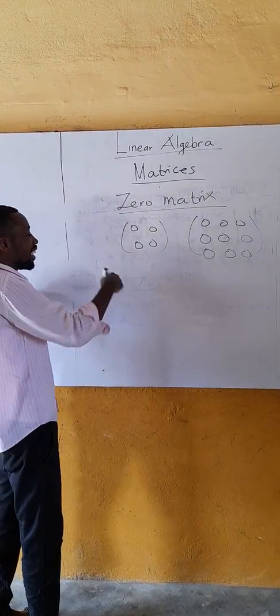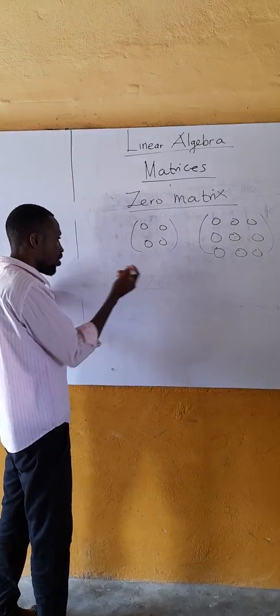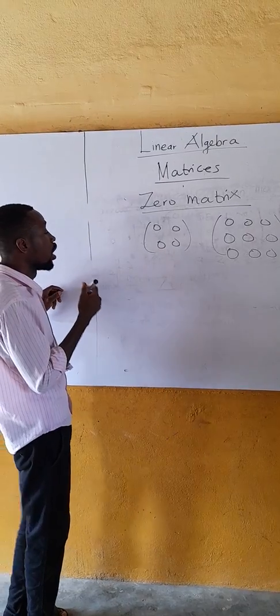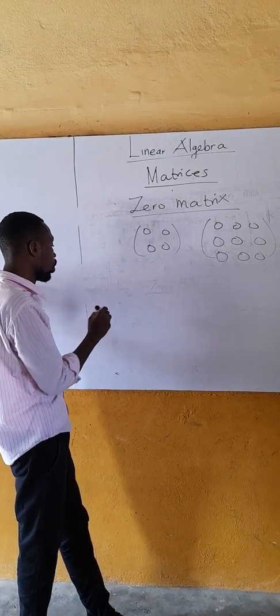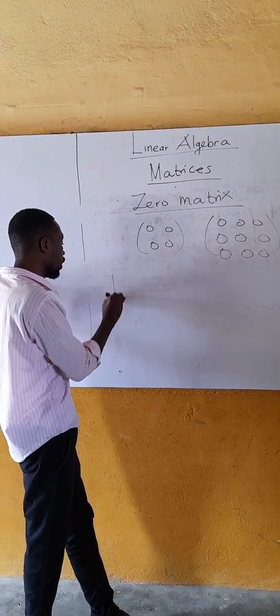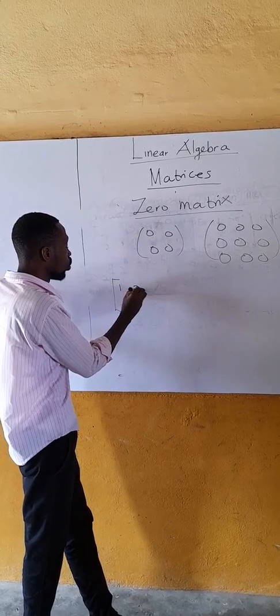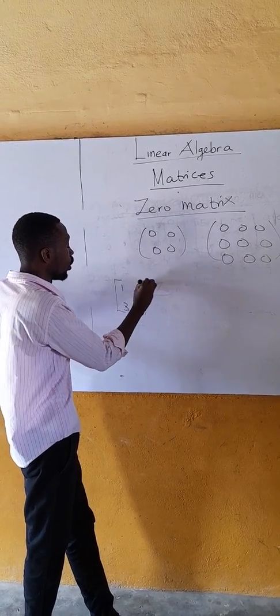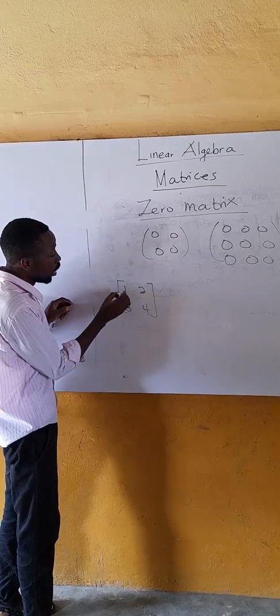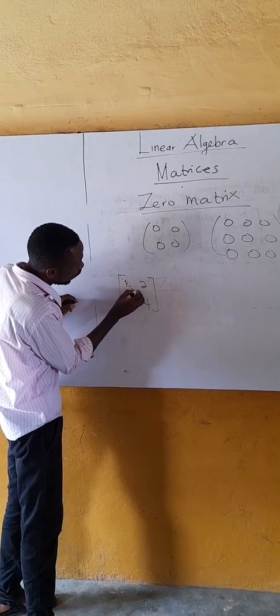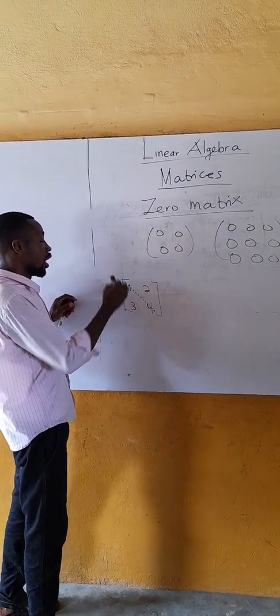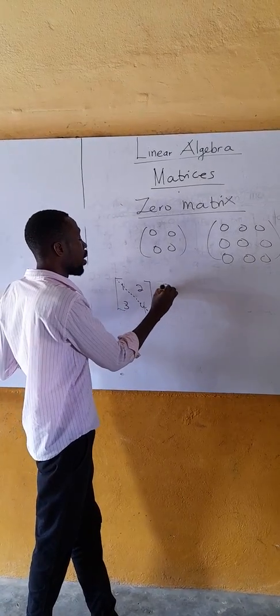Now, before we talk about the next type of matrix, I want to explain something to you. If we have a matrix like this, 1, 2, 3, 4, this is a 2 by 2 matrix. The numbers here, the 1 and the 4, are known as the principal diagonal.